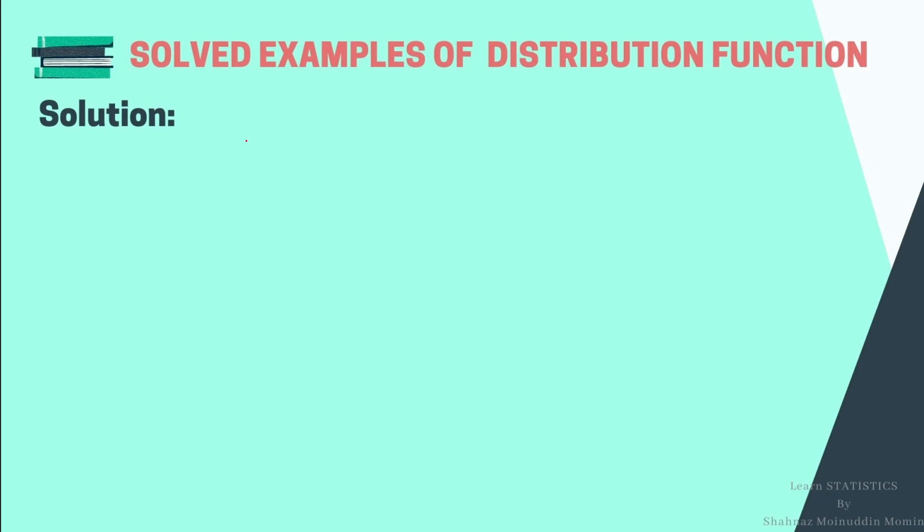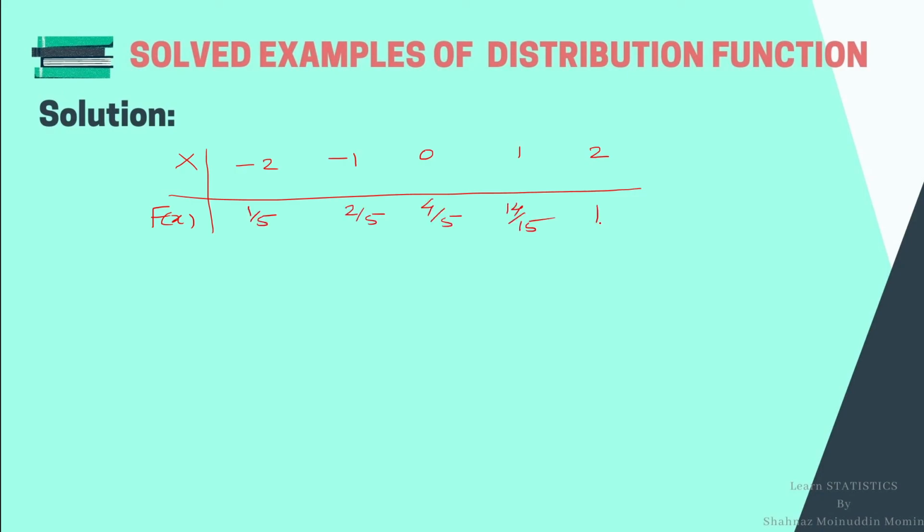Therefore the CDF of x is given by, we can write in the tabular form, -2, -1, 0, 1 and 2. Hence we obtain the CDF of a random variable x. In this lecture we learned two points.